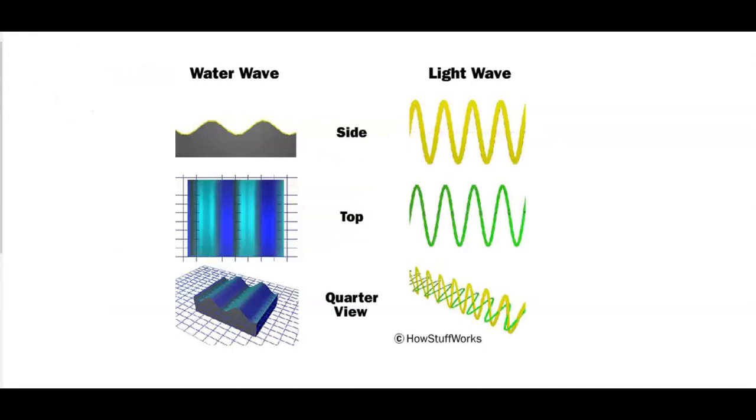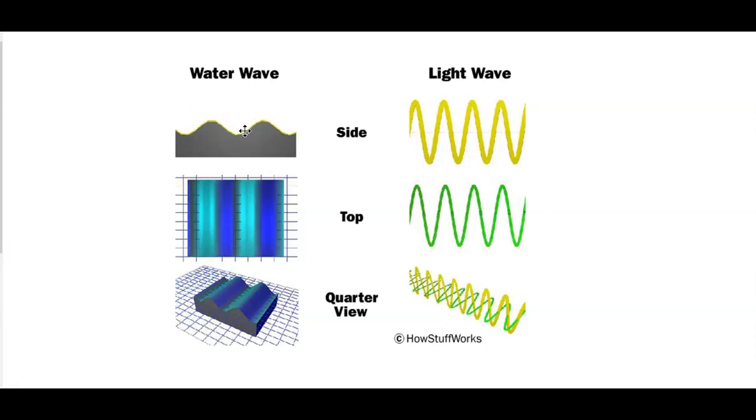So as a quick little reminder, we're talking about light waves. Light waves are similar to water waves in the sense that you're going to have some crests and some troughs. So a lot of the similarities to wave propagation that you would have seen with water in a previous unit still apply to light. The only difference is light is an electromagnetic wave. Light does not require matter to travel through.